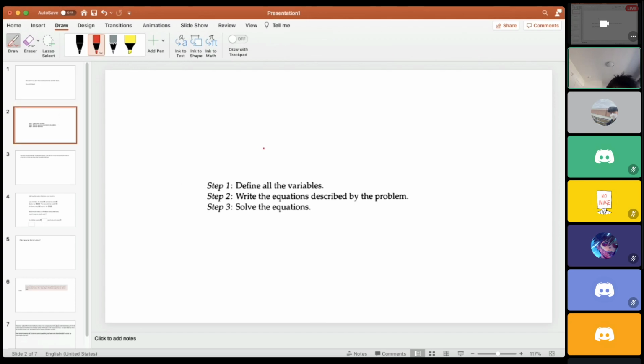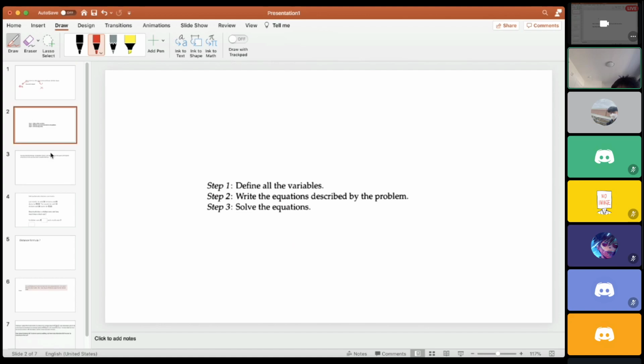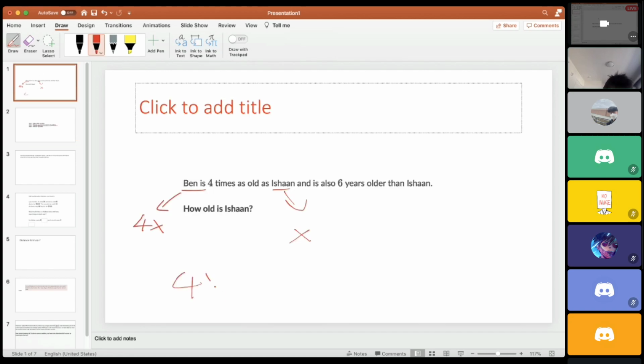First step, define all the variables. So looking back to this problem, you have Ben equals to 4x. This guy equals to x. This is how you define all the variables. And write the equations described by the problem, which is 4x minus x equals to 6.